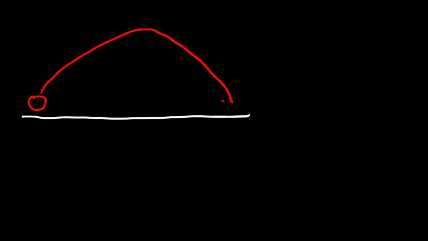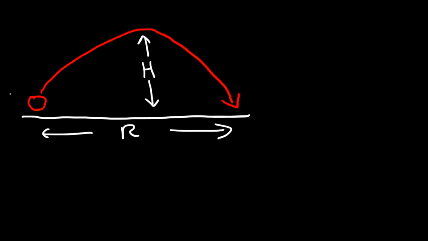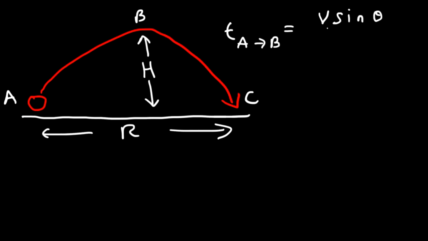Now let's talk about the second trajectory that you'll see, which occurs when a ball is kicked off from the ground. It goes up and then goes back down. This is going to be the height, or the maximum height of the trajectory, and the horizontal distance is the range. Let's call these points A, B, and C. Now, if you need to find the time it takes to go from point A to point B, it's equal to V sine theta divided by g.